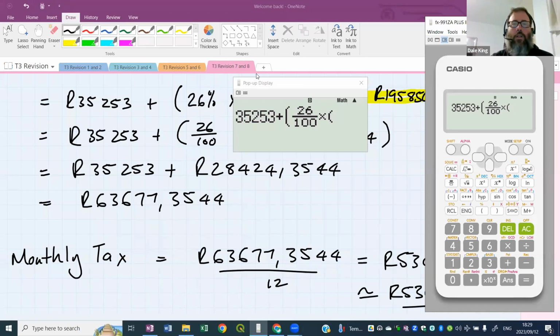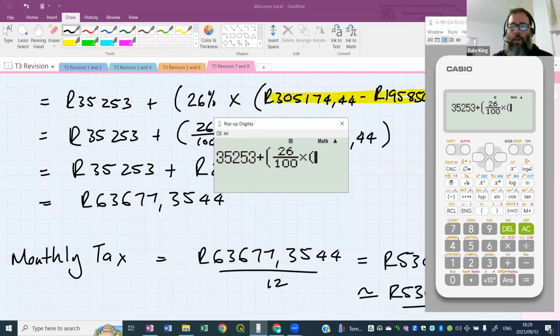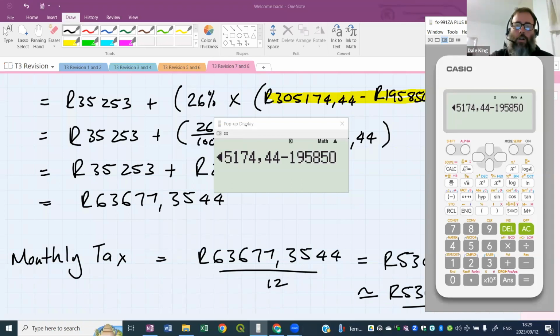So now we're going to do the 305,174.44. So check your calculator, Emmanuel, and what I have here, minus 195,850. At the end here, once you've typed this in, you've got to close one bracket for the difference between the annual and the 195,850, and close the other bracket for 26% of. So there's two brackets here.